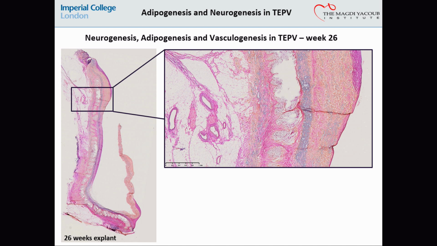Can it be controlled? Yes. I'm not sure what that means. If you add certain molecules to the scaffold, you can help the regenerative process. You can aid the infiltration of cells, but at the moment we don't want to use any biological molecules to help the regenerative process.